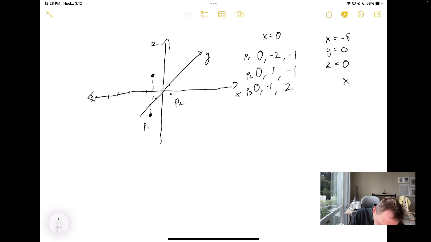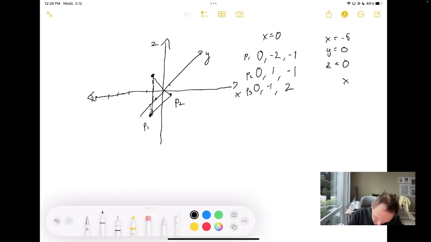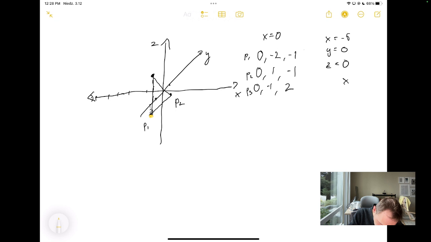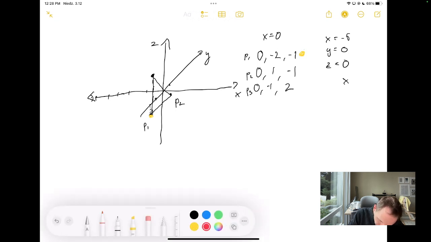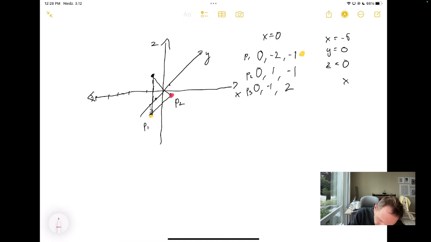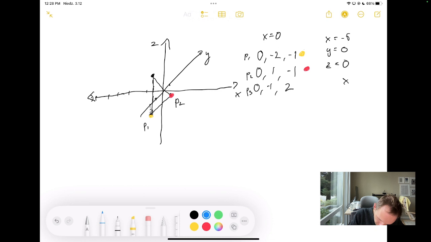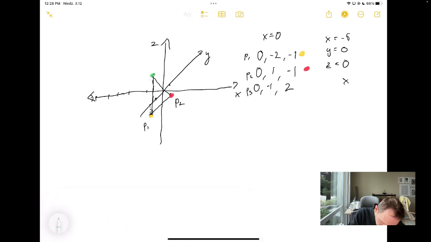Something like this. Let's just use colors, why not? So this is yellow, and then red, and then I don't know, maybe green. Yeah, here's green.